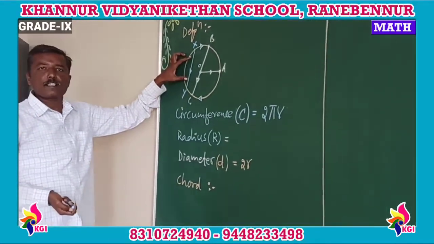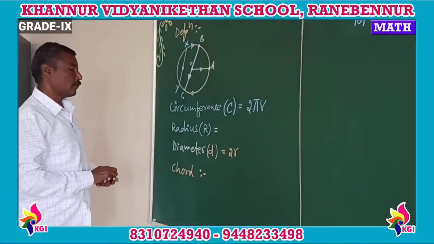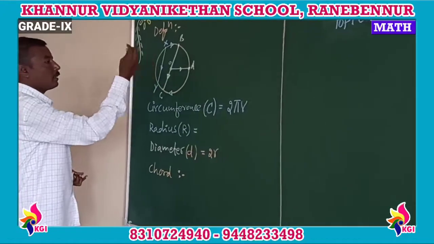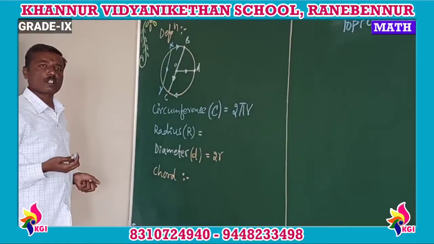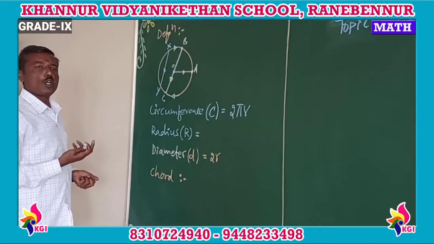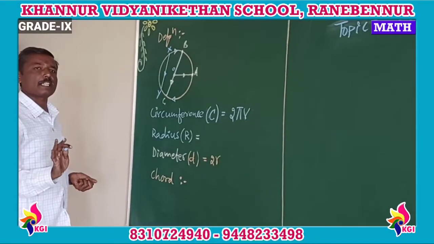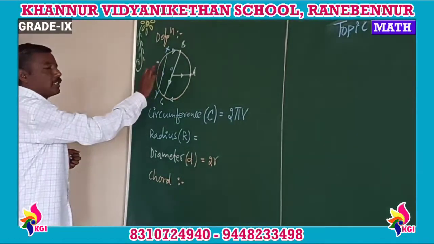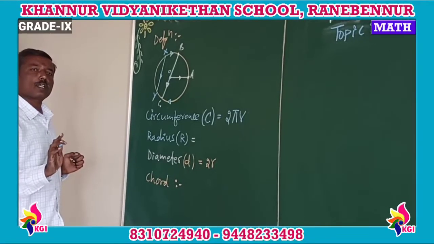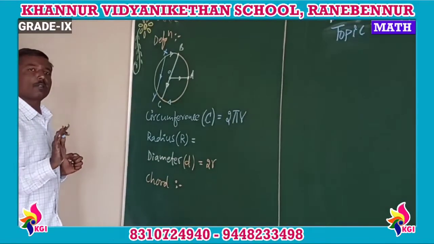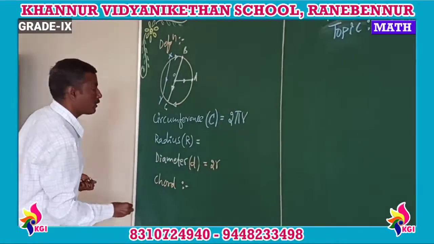Hence, the line segment XY we call a chord. The diameter is always one of the chords also, but a chord is not a diameter. The very simple thing is, a chord is not necessarily a diameter, but the diameter is the biggest chord we consider.